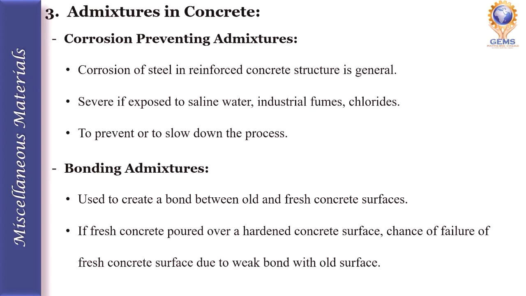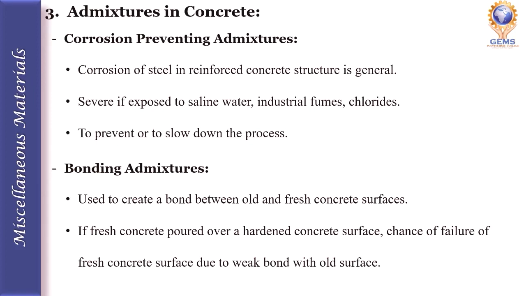The last admixture is bonding admixtures. These bonding admixtures are used to create a bond between old and fresh concrete surfaces. In general, if we pour fresh concrete over a hardened concrete surface, there will be a chance of failure of the fresh concrete surface due to weak bond with the old surface.